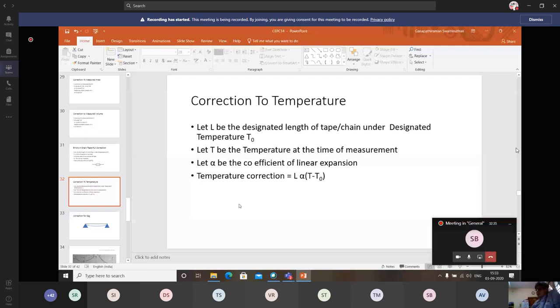So T naught is the designated temperature. What will happen when there is an increase in the temperature? It expands. Suppose the temperature T naught is 20 degrees and T is 0 degrees. What will happen?